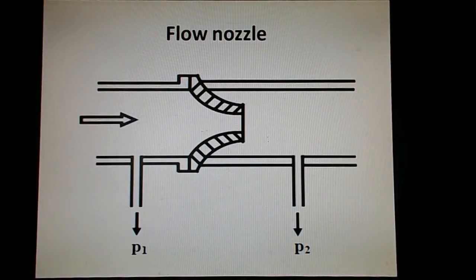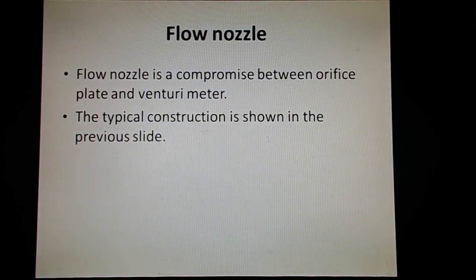So you can see that this flow nozzle is halfway between venturi and orifice. So we can say that flow nozzle is a compromise between orifice plate and venturi meter. The typical construction we have shown in the previous slide.